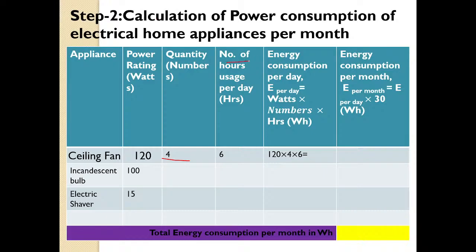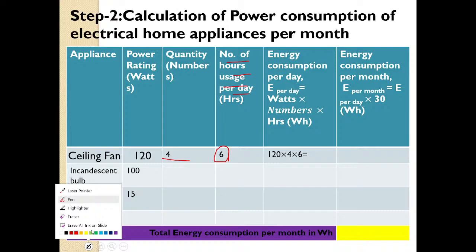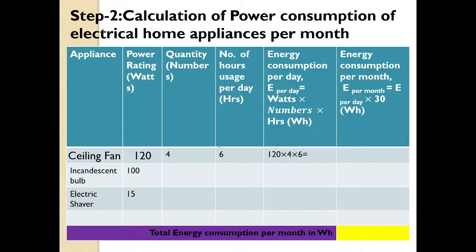Then the number of hours of usage per day. I have written 6 hours. Each fan will operate for 6 hours. You can even write 24 hours if they are not turned off even once in one day. So I have written 6 hours.